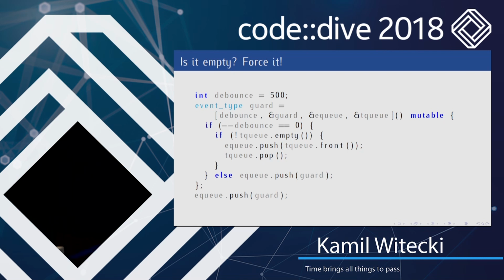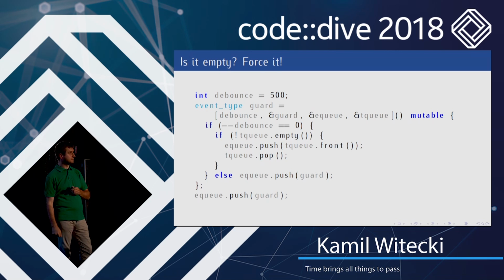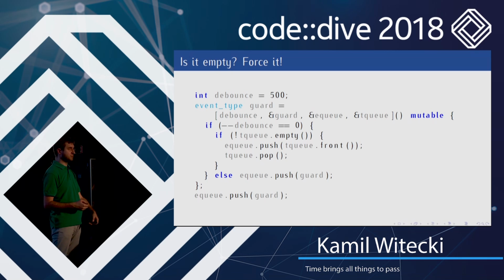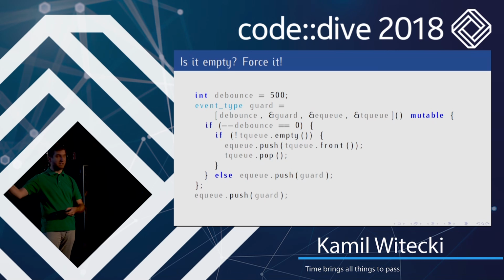Because you don't have any synchronization, you just push; if there's an empty queue, you push an empty event. So you just take the whole processor. Yes. In case there is no job to do, I will 500 times just push the empty event into the queue just to drain it.